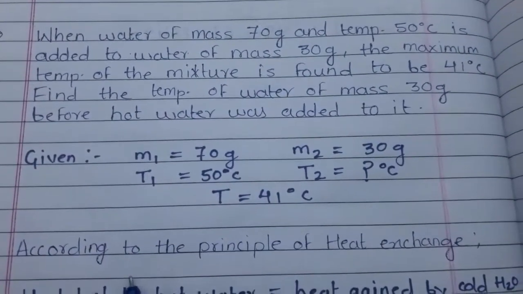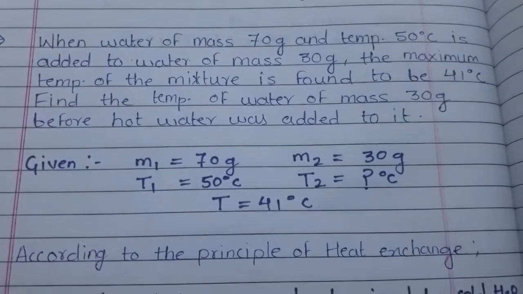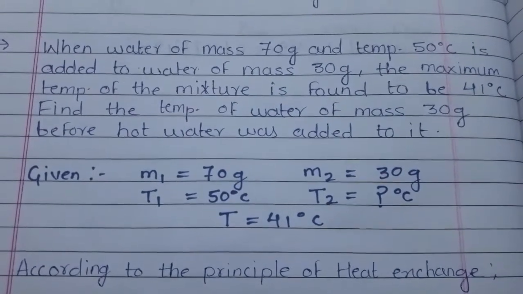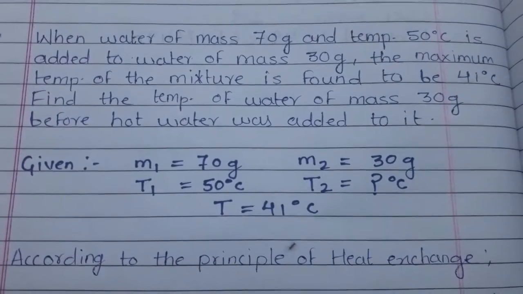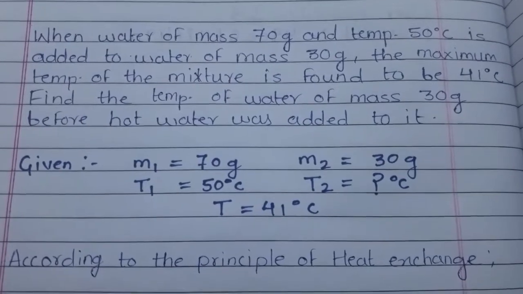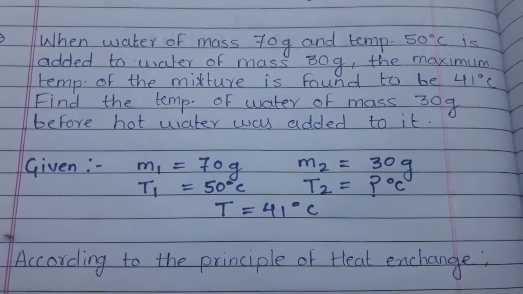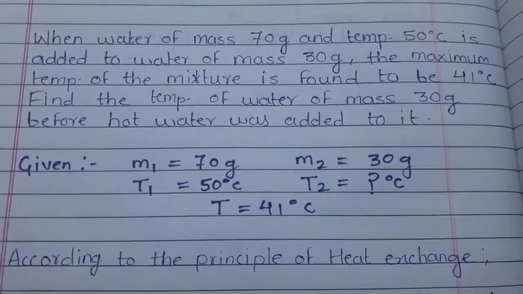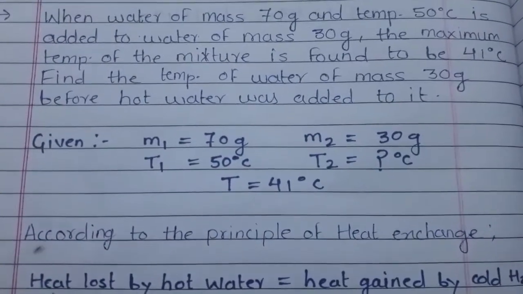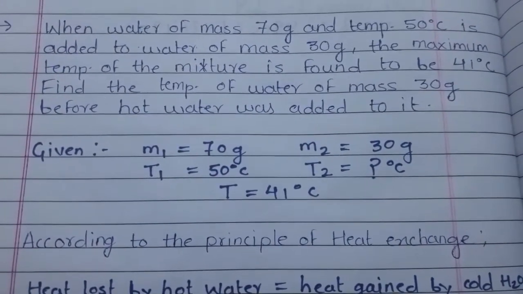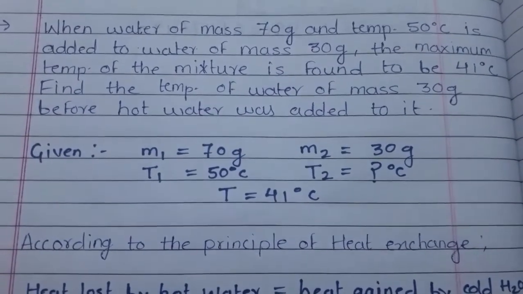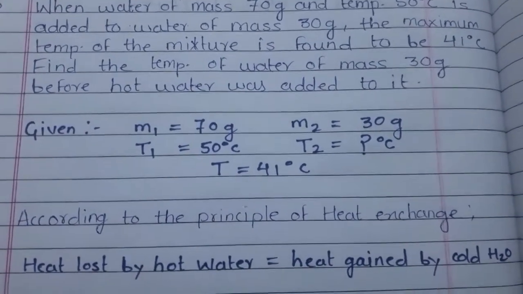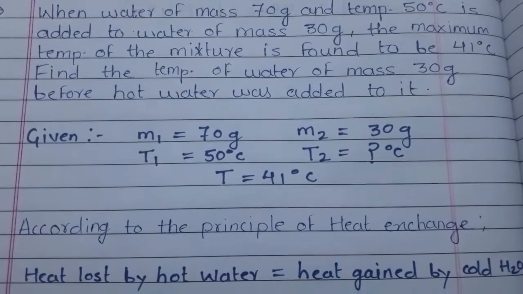So according to the principle of heat exchange, if we are adding hot water into cold water, the amount of heat lost by the hot water is equal to the heat gained by the cold water. So basically we can say heat lost by hot water is equal to heat gained by the cold water. It is the basic principle of heat exchange.